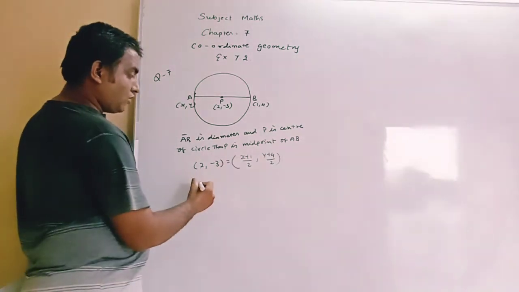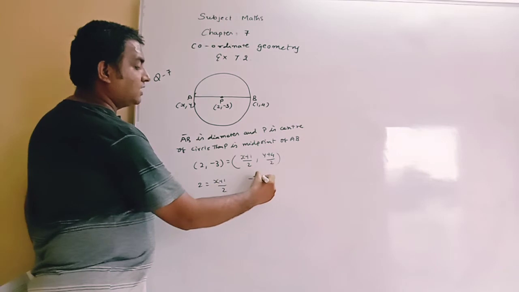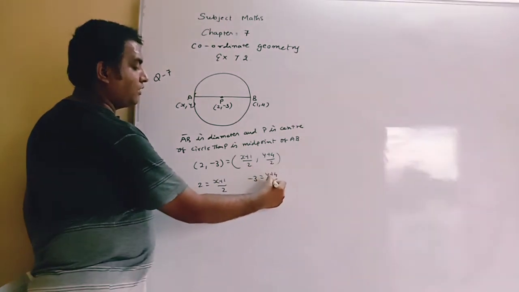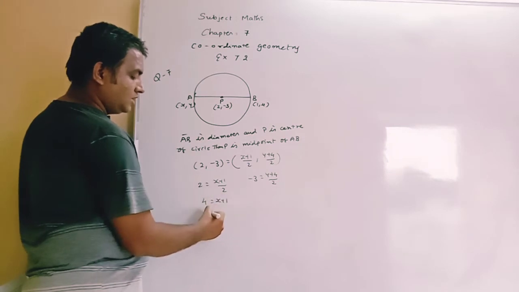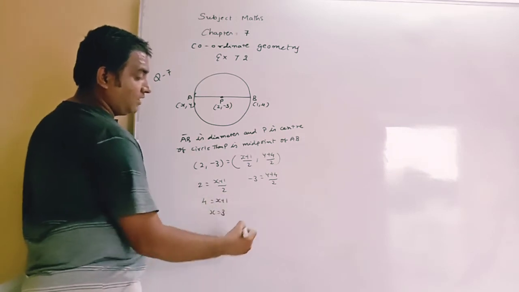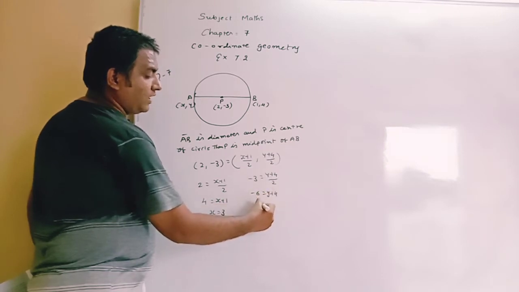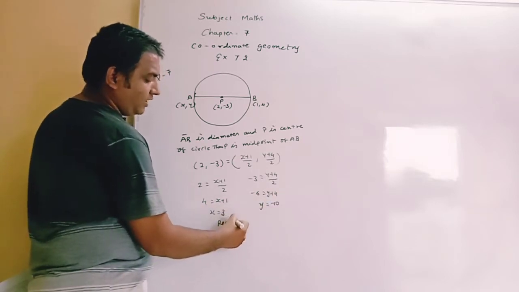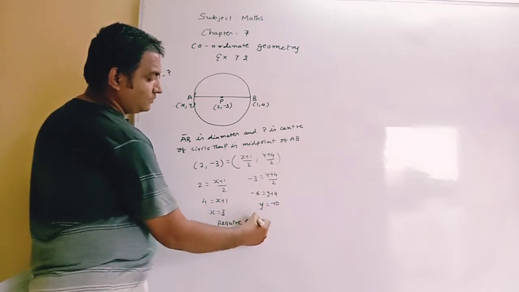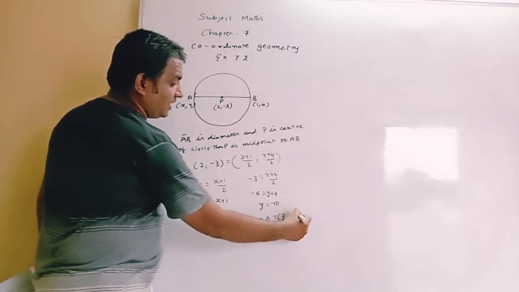We compare the x coordinates: 2 equals (x plus 1)/2, and minus 3 equals (y plus 4)/2. So 2 twos are 4 equals x plus 1, so x is equal to 3. Here minus 6 equals y plus 4, so y equals minus 10. And so the required point A is (3, minus 10).